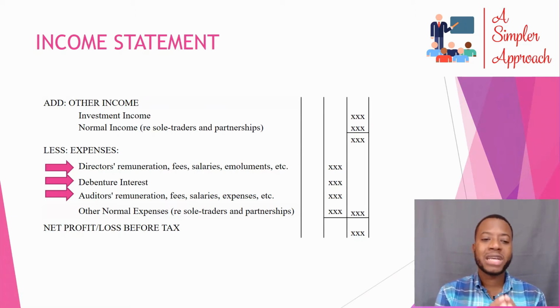Profit or loss before tax. Now, before tax is there because limited liability companies pay taxes, and it is called corporation tax. So when you subtract the expenses from the gross profit, that profit that you calculate would be the profit before taxes. Okay?